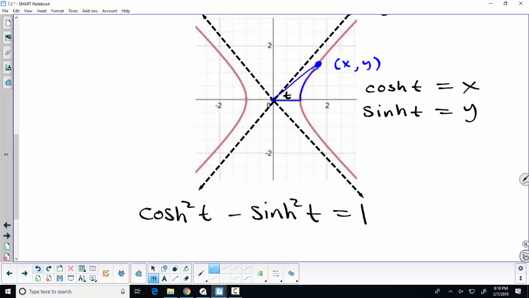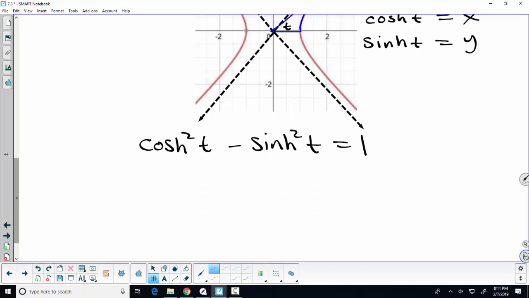So what happens if we did consider this an angle like we did on the unit circle? Well, we can go up to a certain extent, but as that angle approaches 45 degrees, the area bound by this keeps getting larger and larger. So it's related, but they're two different scenarios, unit hyperbola and unit circle. You've got some different constraints.